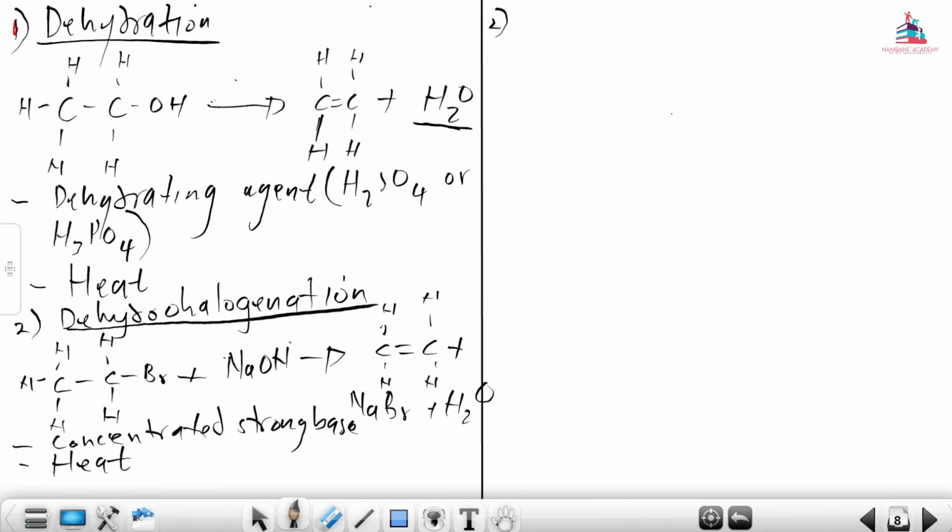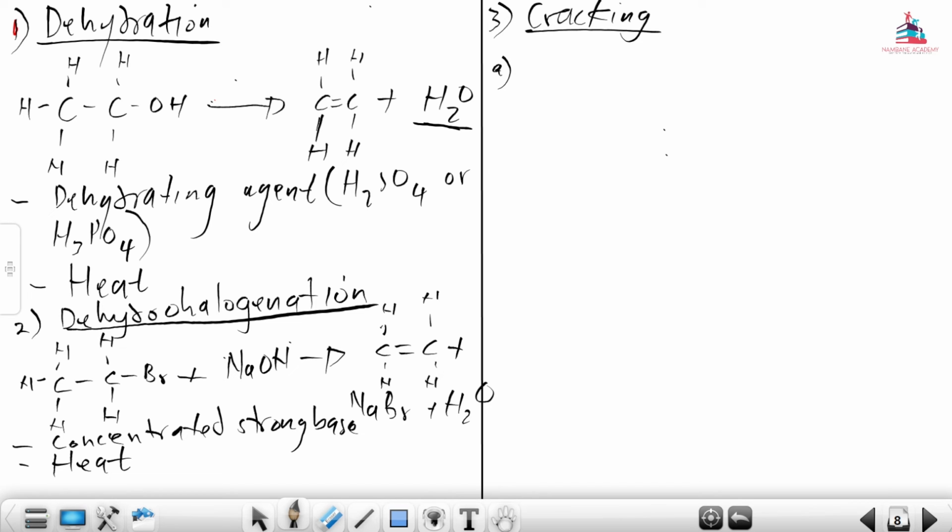Then the third one, at number 3, it's cracking. So with cracking, I'm going to do 2 examples of it.